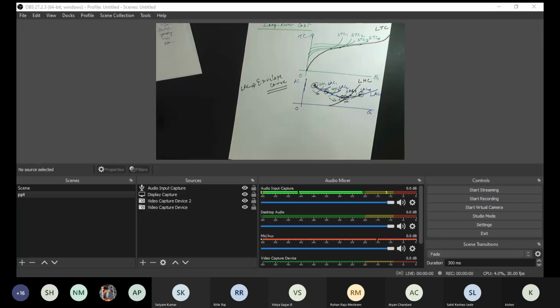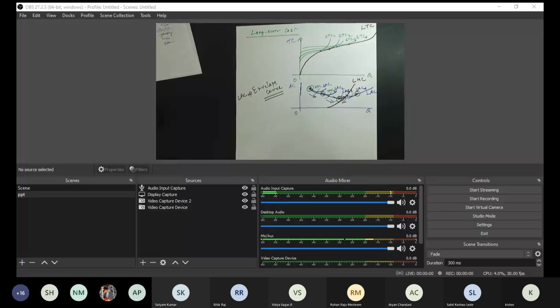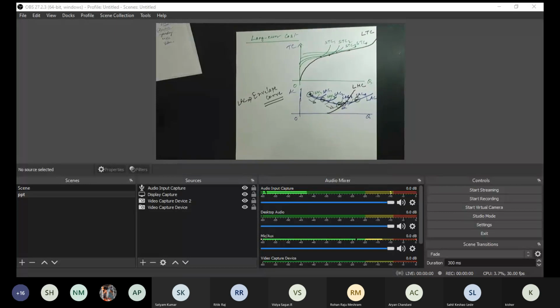Why do I say that at the minimum point, although it is ideal, you try, but people usually say that you produce only in the negatively sloped portion of your average cost curve? Why? Why do I say this? Tell me.